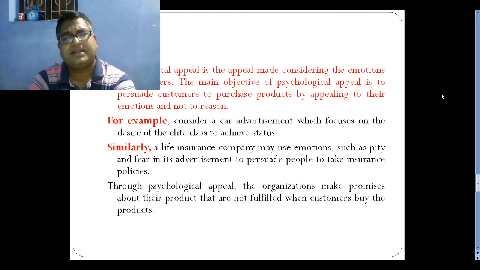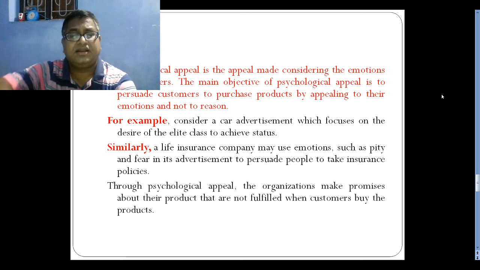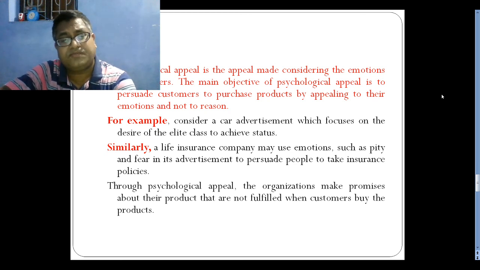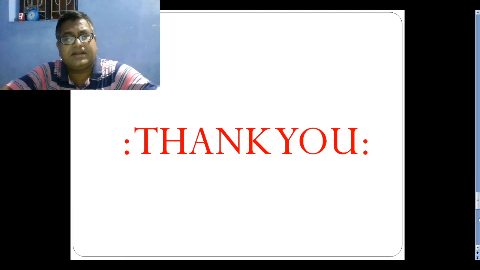Another example is a life insurance company. The emotion is there, and a fairness approach is there, to persuade people to take the insurance policy, and it is a psychological appeal. It is an emotional appeal through which promises to purchase can be made. And sometimes products do not fulfill the customers' needs, but they buy the particular product anyway, because emotion is also one way through which the product can be purchased.